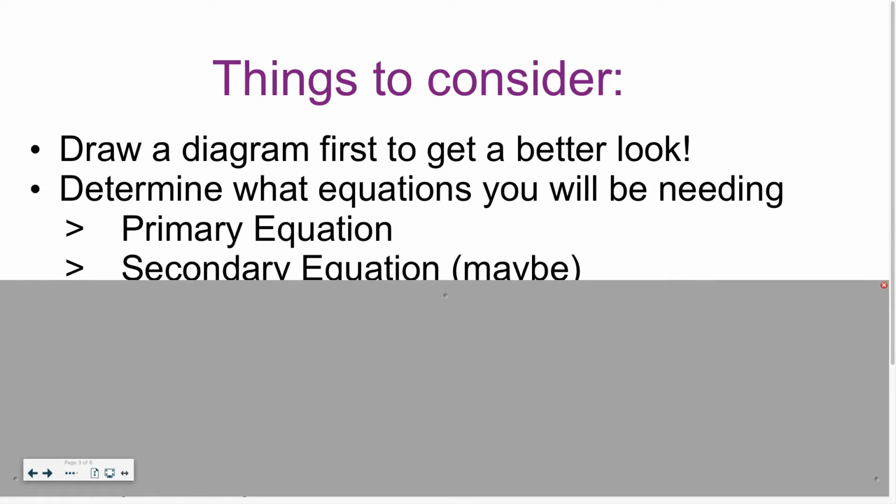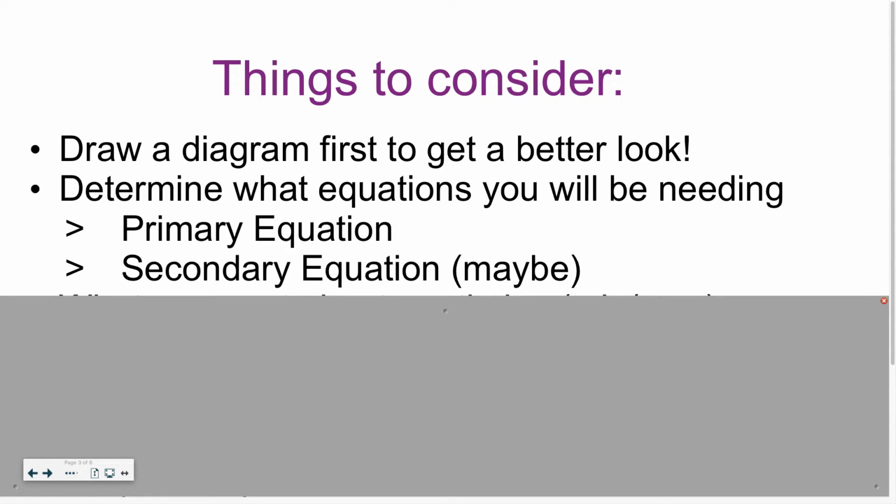And when I say two, you're going to have a primary equation. In the example that we just read through, we want to maximize the volume. So our volume is going to be our primary equation. However, if there are two different variables, do you know how to take derivatives and find maximums and minimums with two different variables? I mean, you have y equals something with x, right? But have we ever had more than one variable thrown in there?